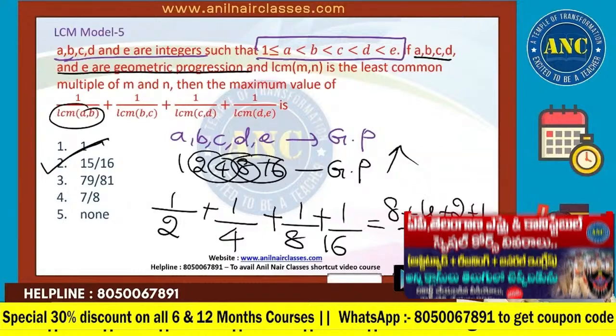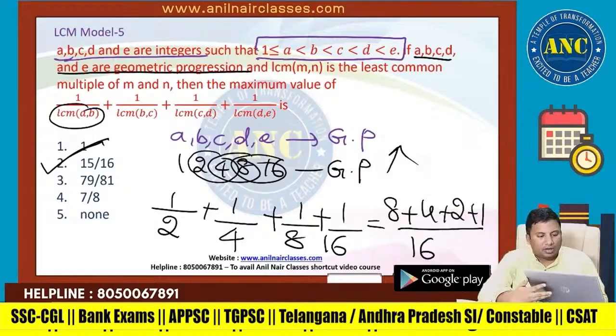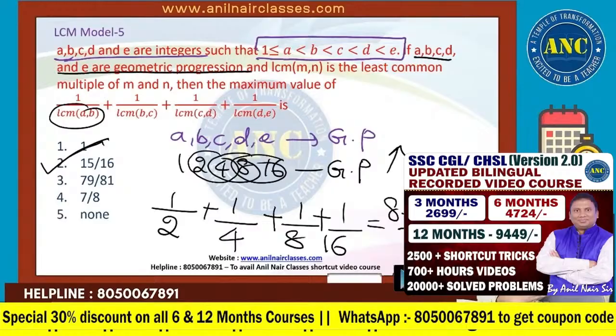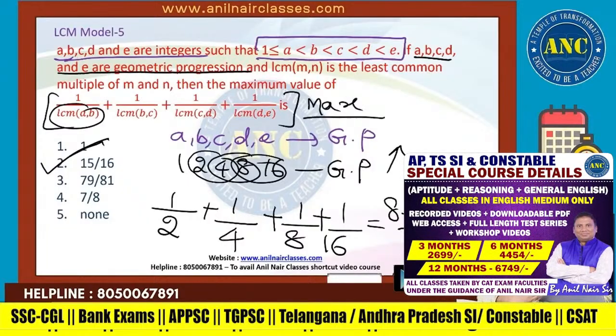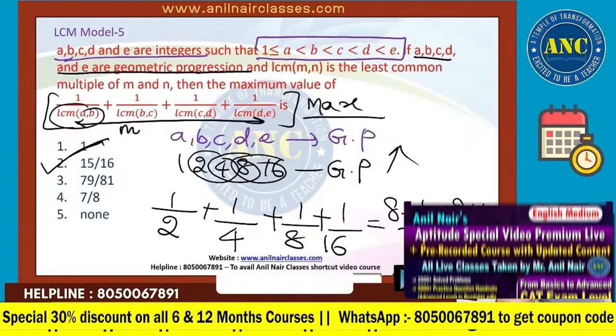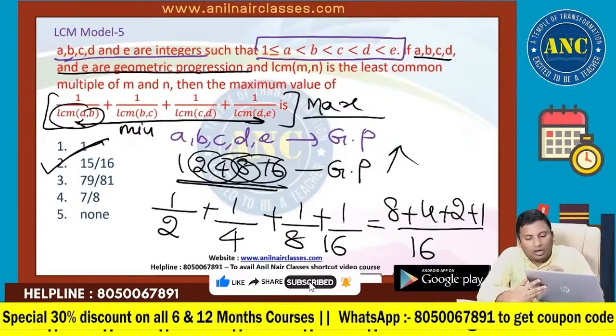I hope it is clear, right? Next one. Now see, this entire value should be maximum. If this value is maximum, the entire denominator value should be minimum. Because it is minimum, I took the lowest value.